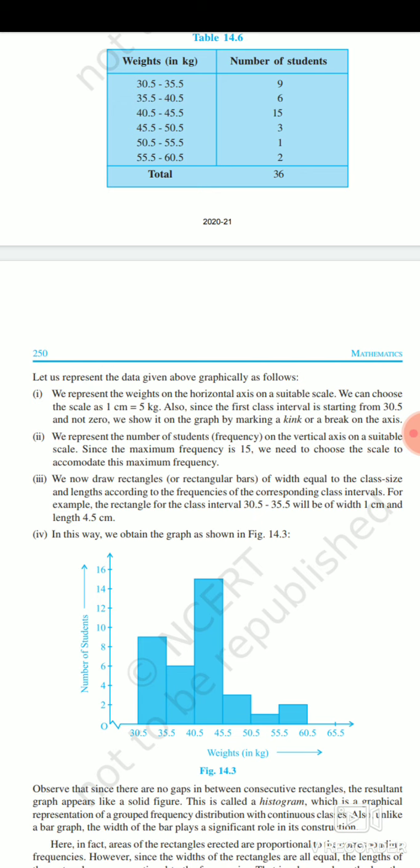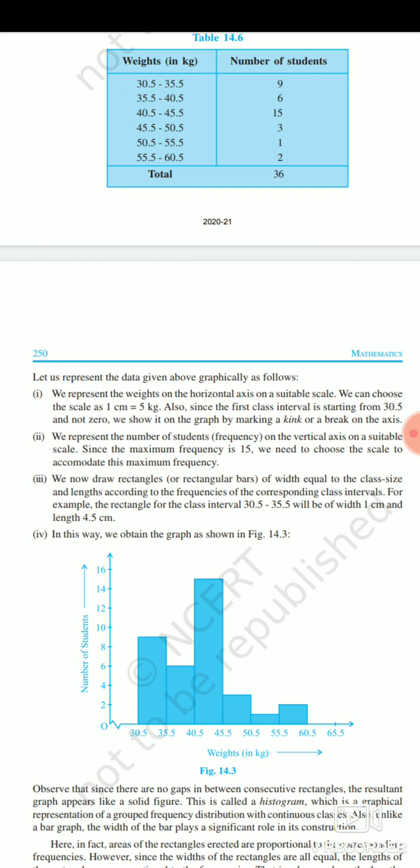Next, without gap, 35.5 to 40.5, draw a rectangle up to 6. Then 40.5 to 45.5, length 15, so draw a rectangle up to 15. Next is 3, so it should be between 2 and 4; draw a rectangle. Next one rectangle, next two, another rectangle. It looks like a bar graph but without gaps.